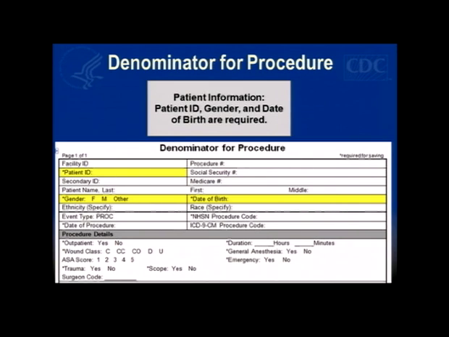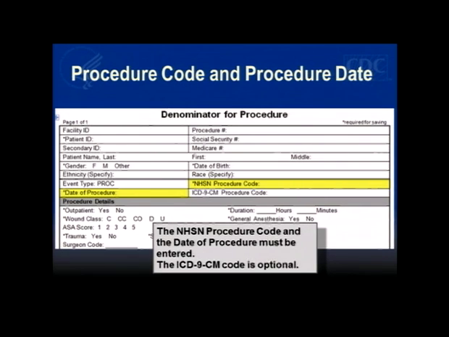Okay, so the patient information that we collect, the gender and the date of birth are all the same as for any other event. So they're all required. And for the denominator for procedure, we collect the NHSN procedure code as well as the date of procedure.